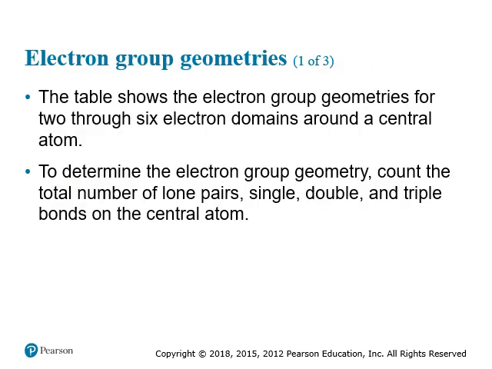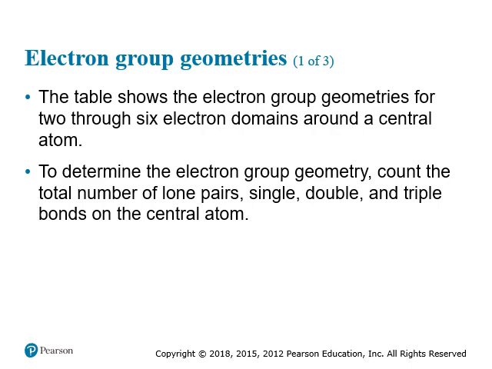Well, in order to better visualize what these electron group or electron domain geometries look like, I've presented a table. In this table, we see what a central atom looks like with respect to 2, 3, 4, 5, and 6 electron groups around it.